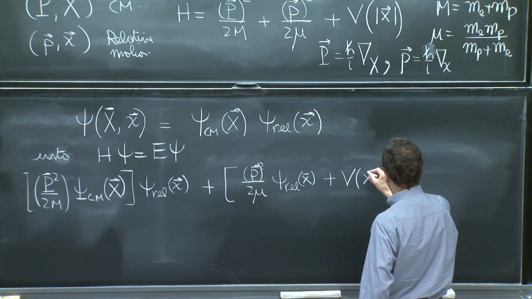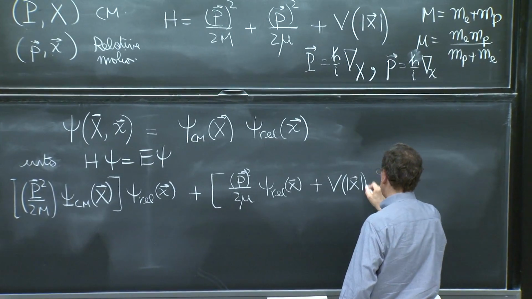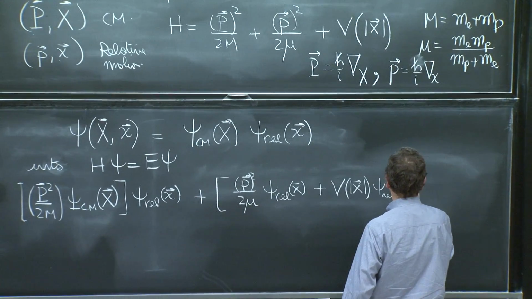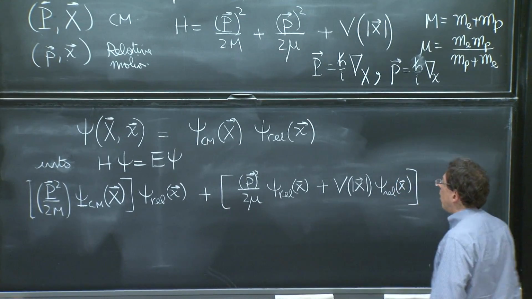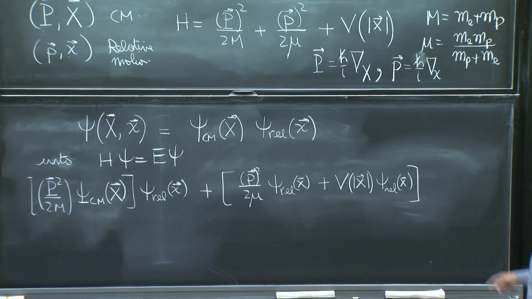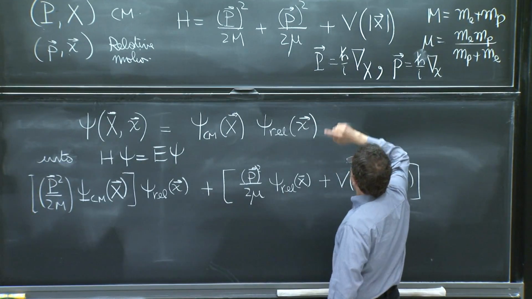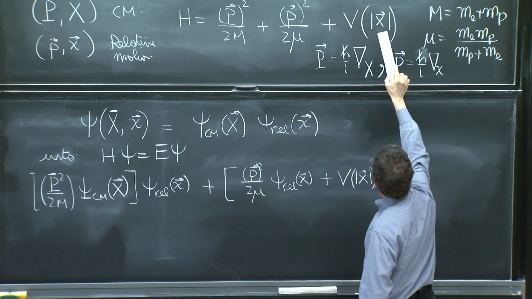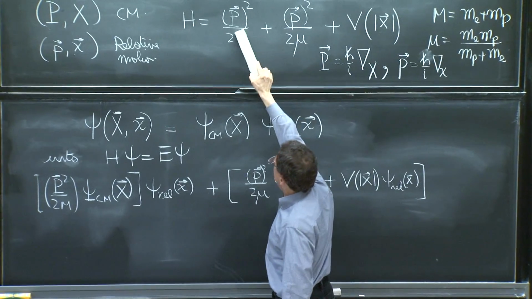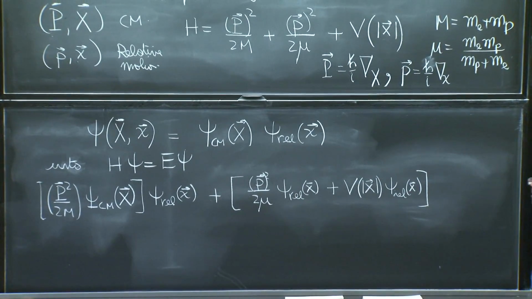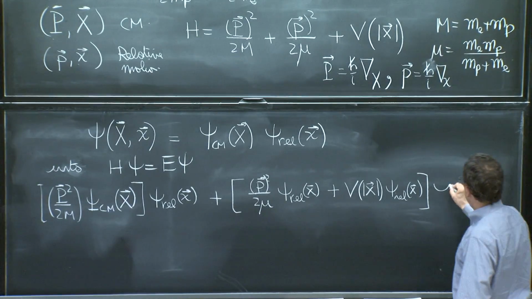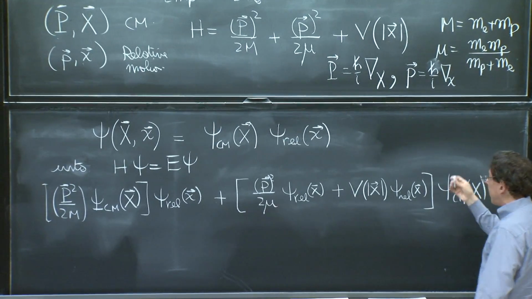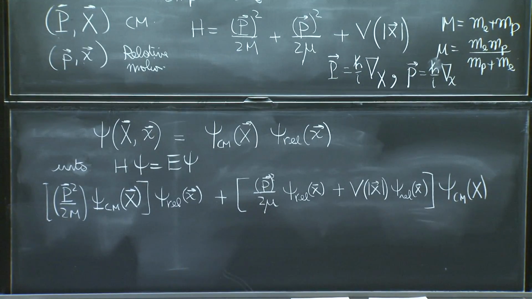We don't put the relative on the x, but it's a small x, psi relative of x. So we've looked at the second term and the third term. The third term is grouped with the second because it uses the little x, not the big X. And then you have psi cm of X multiplicatively. It doesn't do anything to it.